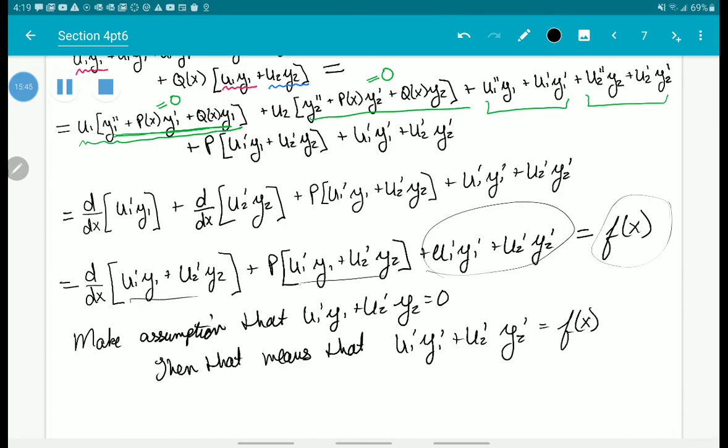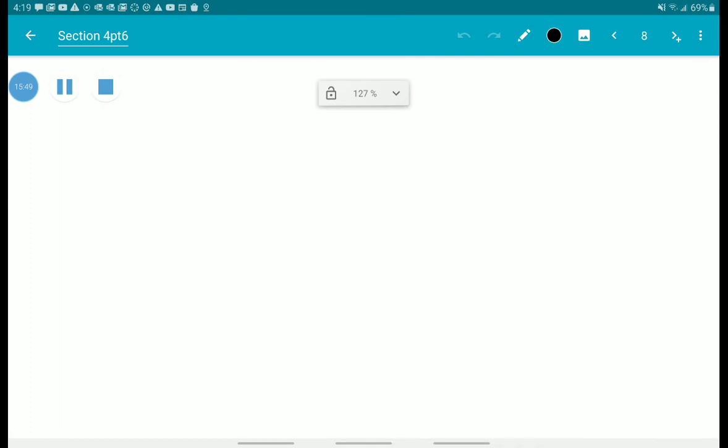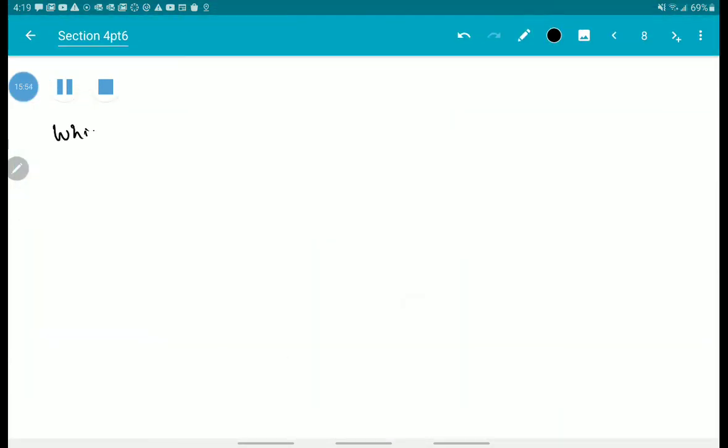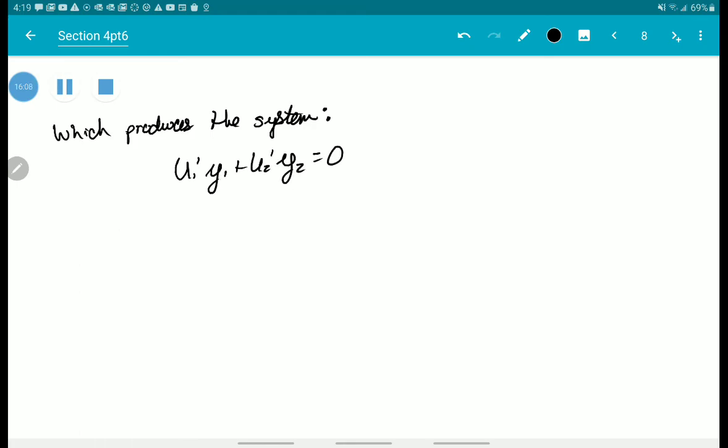And that is enough information to produce a system of equations. So here's the assumption that we made: u1 prime y1 plus u2 prime y2 was equal to 0.